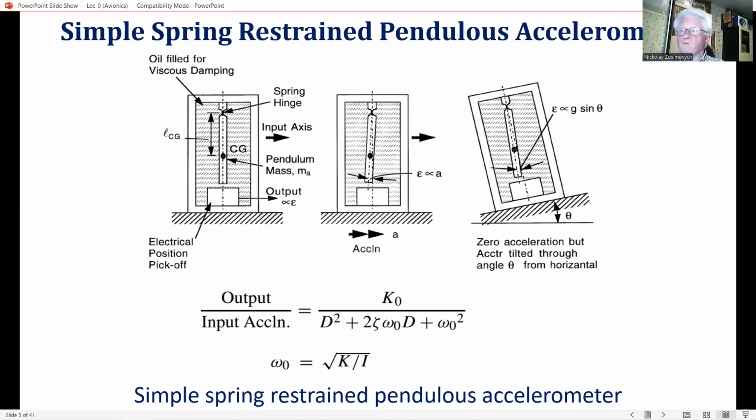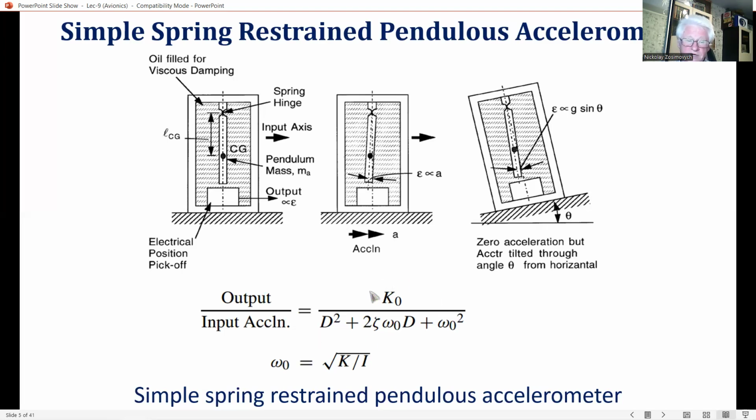This simple type of accelerometer is typically oil-filled to provide viscous damping, so that the transient response is adequately damped. An electrical position pick-off measures the deflection of the pendulum from the null position and provides the output signal. The transfer function of the simple accelerometer is a simple quadratic lag filter of the type output over input equals K naught over the quadratic expression.